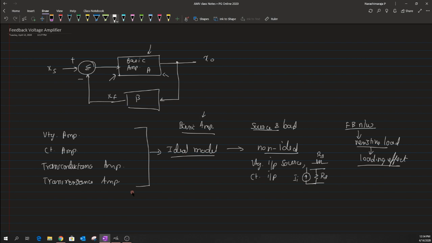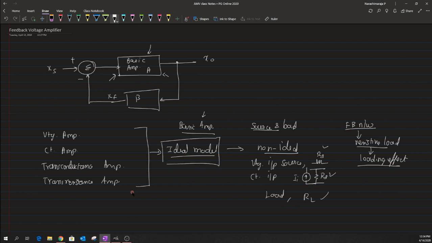But these loading effects, the non-ideal characteristics of resistances across the input sources and even the load RL, will not have any impact on this basic amplifier if it is built using the ideal model.